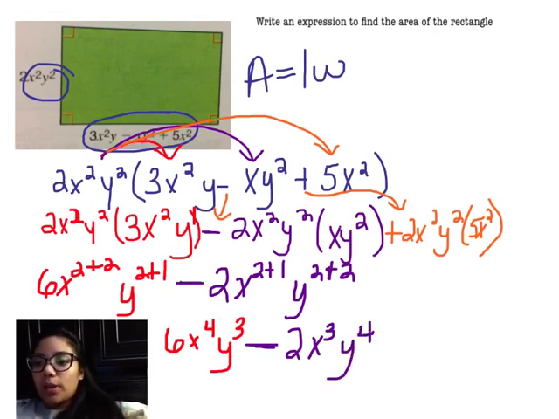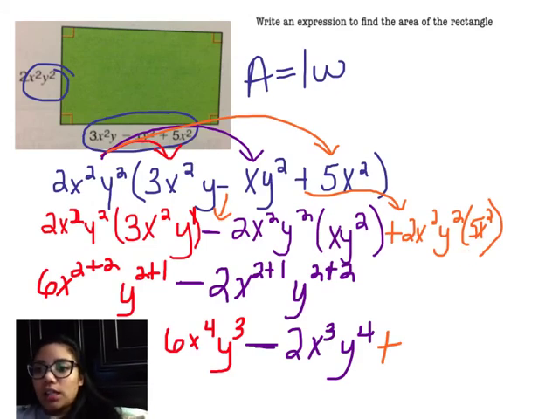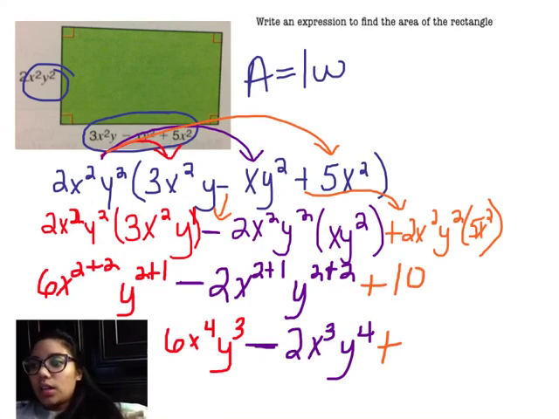So now I'm going to do my orange. Now I'm going to be adding 2 times 5, because I'm multiplying my coefficients. 2 times 5 is 10. And then I have x, 2 plus 2, because they're both raised to the second power.